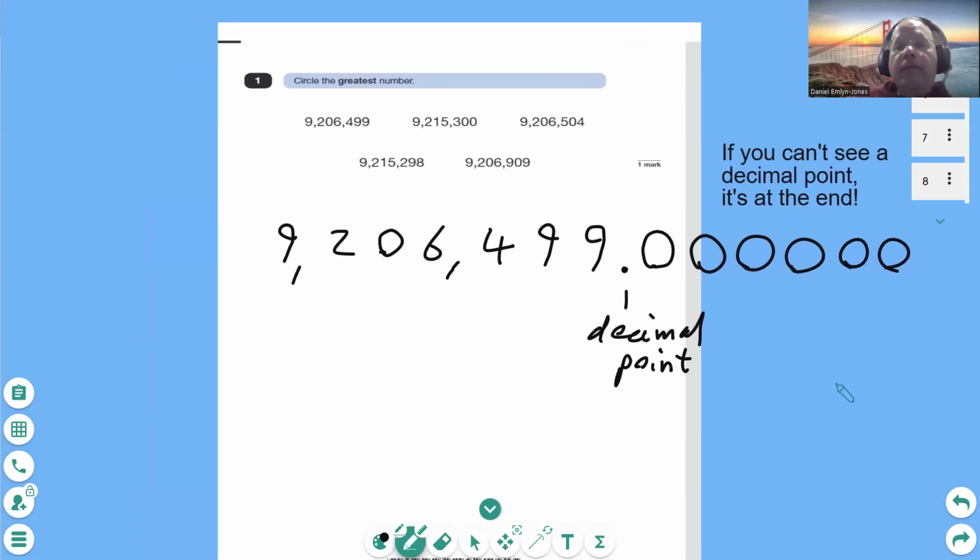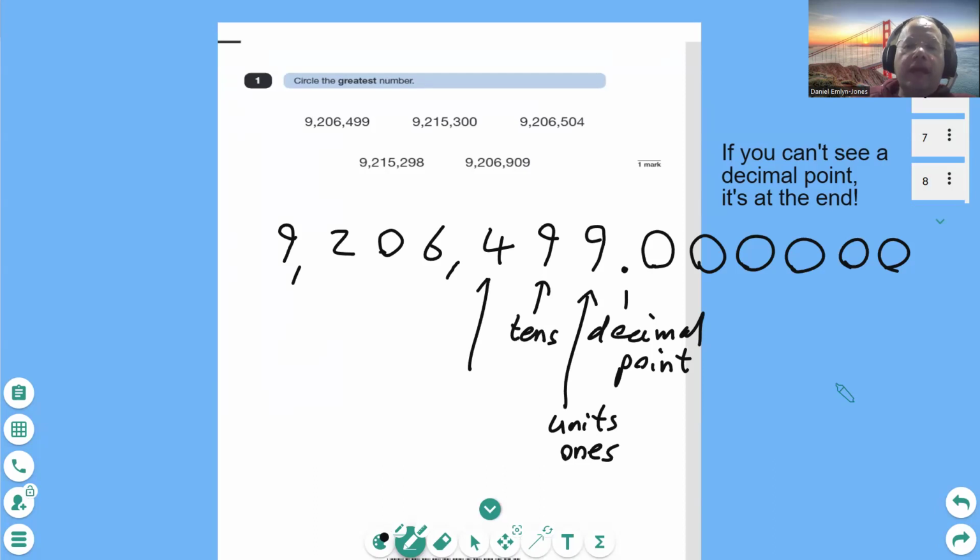So if you just revise your decimal places, that's the units or the ones. That one's the tens. This one is the hundreds. This is where my writing gets really messy. This one is the thousands.